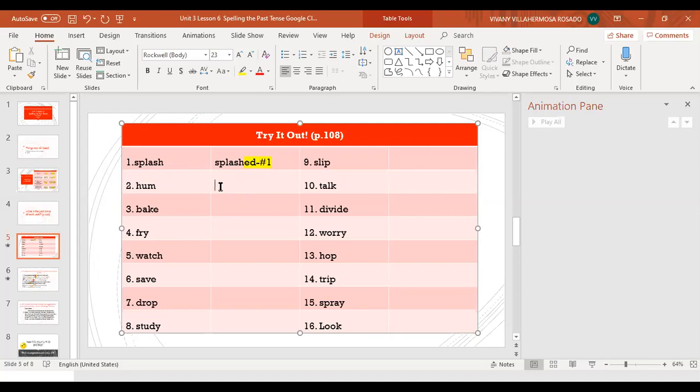Number two, hum. Now, out of rules 1, 2, 3, and 4, which one do you think you'll be able to use for this one? Let's see. Is there a specific rule that you think will go? Oh, so you say verbs ending with a single vowel and a consonant. Let's see. Not only that, but it's a one syllable word. Hum has one syllable.